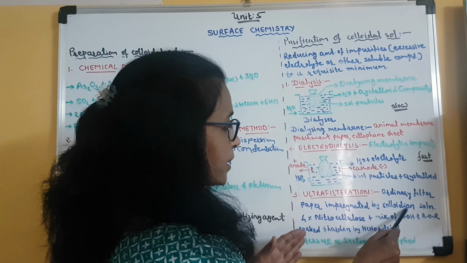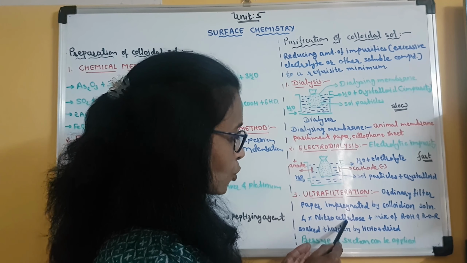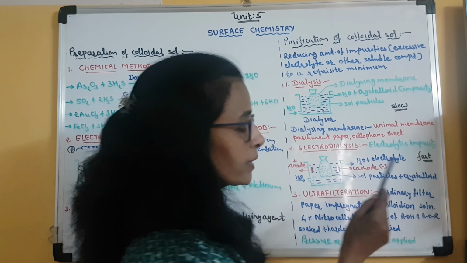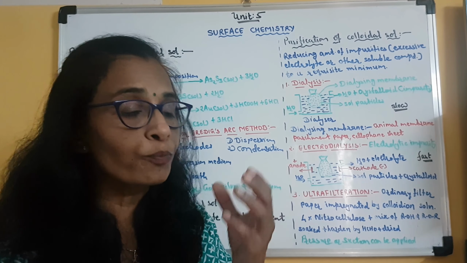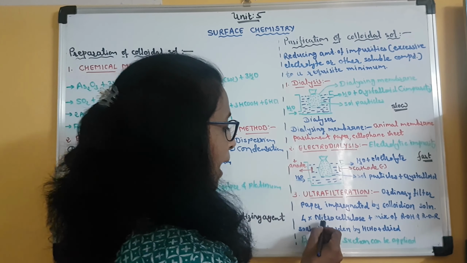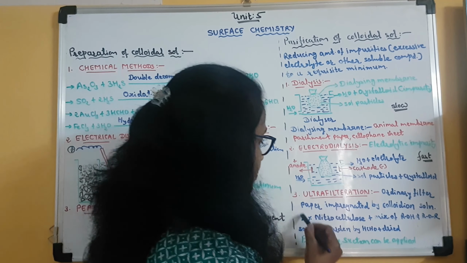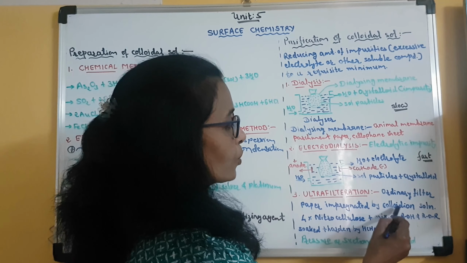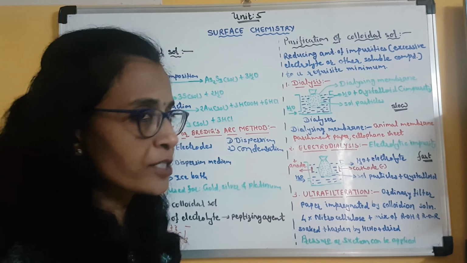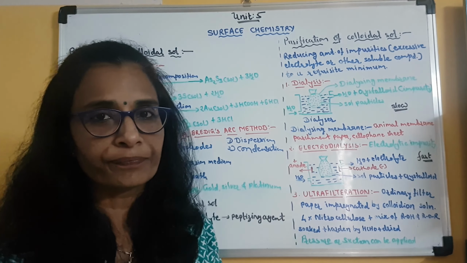Generally, this colloidal solution is 4% nitrocellulose taken in a mixture of alcohol and ether. So into the mixture of alcohol and ether we add 4% nitrocellulose. This mixture is known as collodion. Into this solution, ordinary filter paper is soaked.